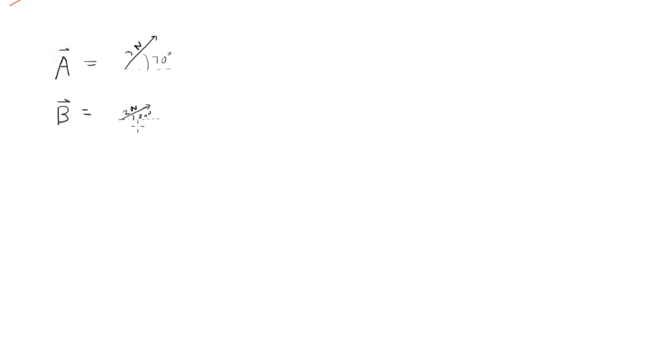So, in order to do vector addition graphically, what we do is we take one of these arrows and put its base at the head of the other arrow. It doesn't actually matter which of the two we choose. In other words, we can put this base at this head or this base at this head. So when we do this graphically, what we wind up with is something that looks like this.